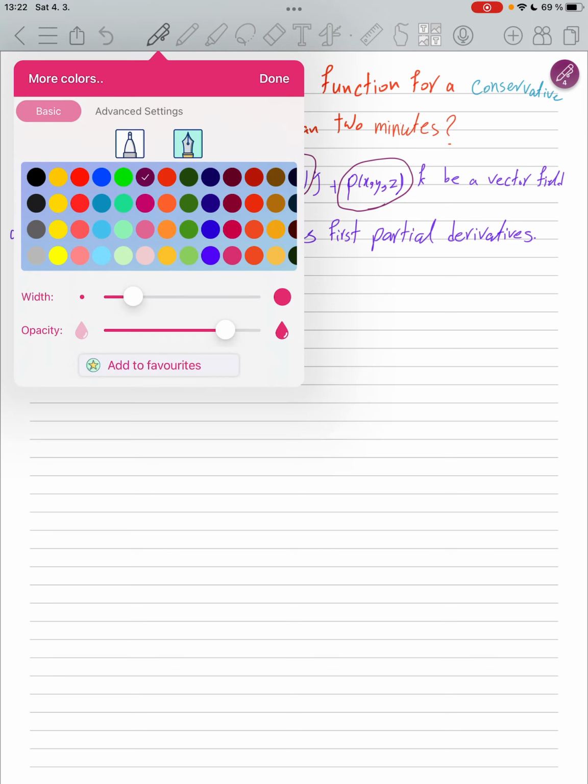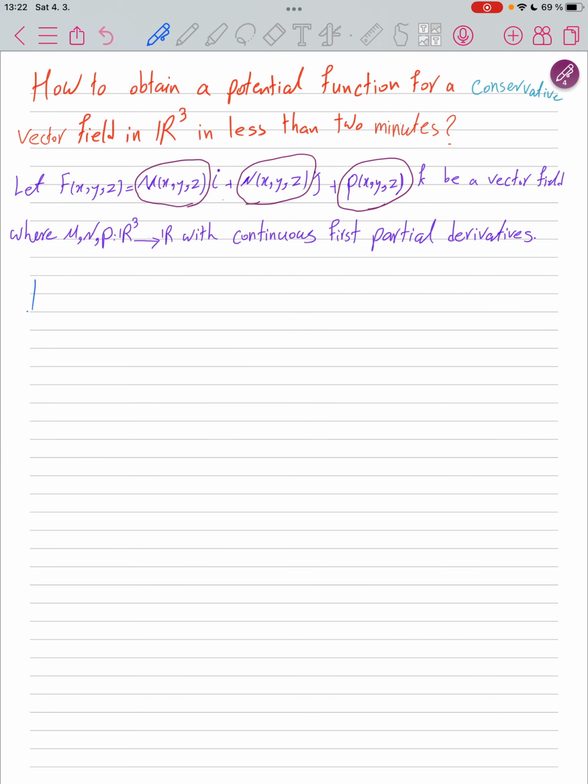So if the vector field F is conservative, then F is equal to the gradient of f for some function f from R3 to R, right?